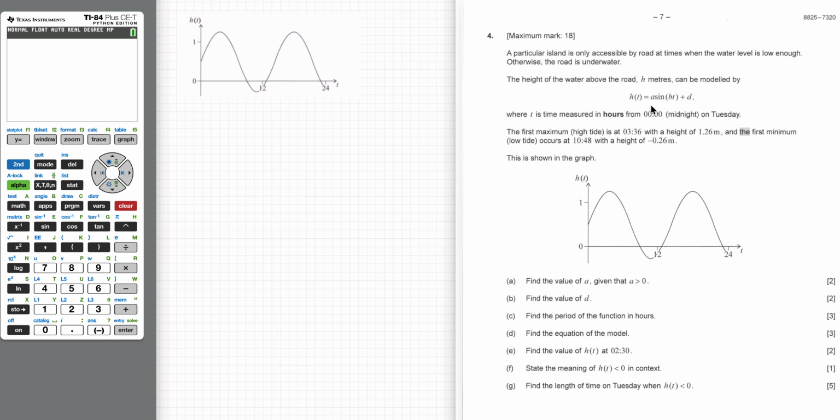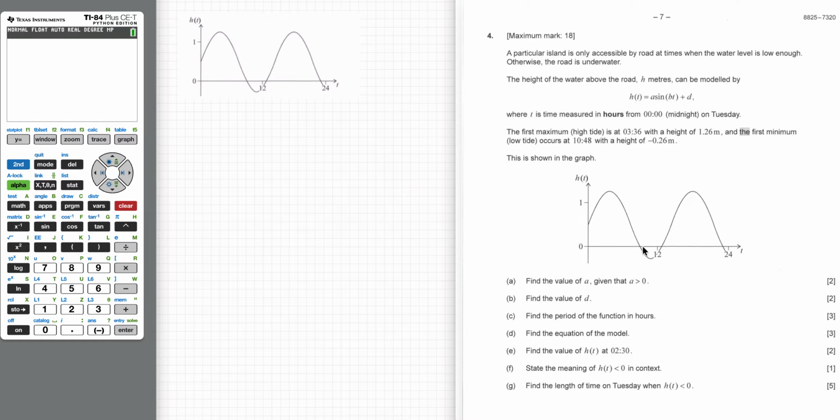So we're told that it's a sine curve, so it starts in the center, goes up and then goes down and so on. And it's modelling the height of the water on this island and whether or not you can get to the road. So basically, at midnight on Tuesday, the time starts, it goes up to a high tide at 3:36 in the morning, which is a height of 1.26, and then the minimum tide.